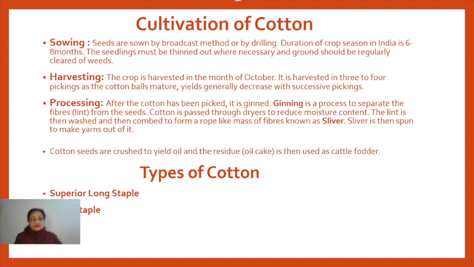Now the third stage, once harvesting has been done, is processing. In processing, the cotton balls which were collected are then ginned. It is also called ginning.